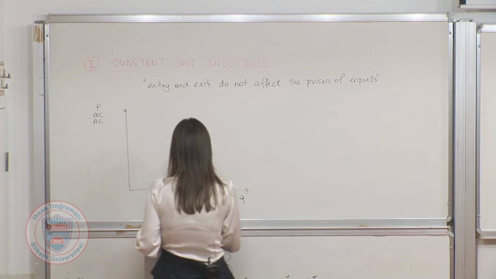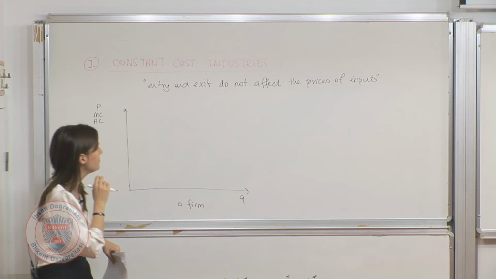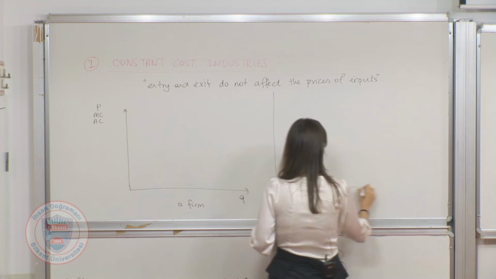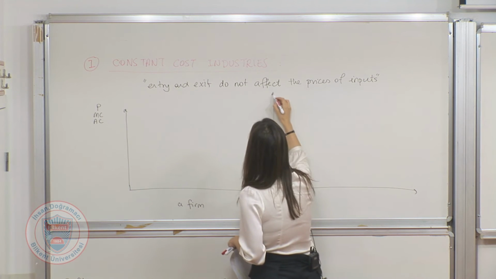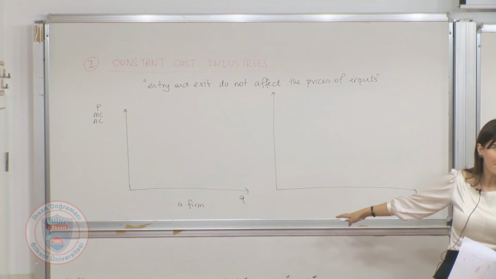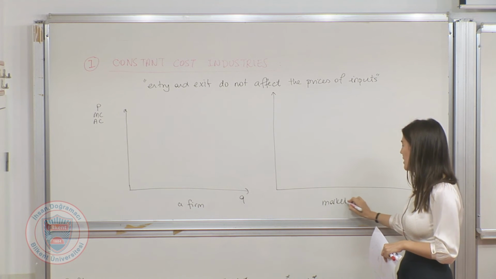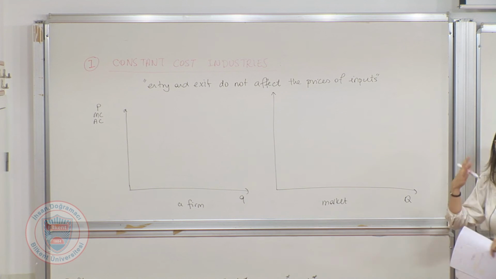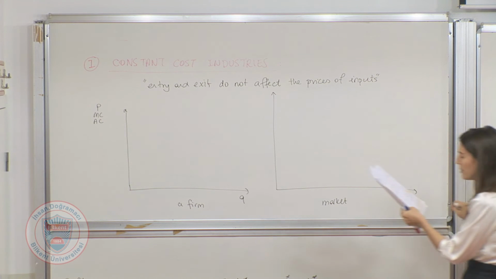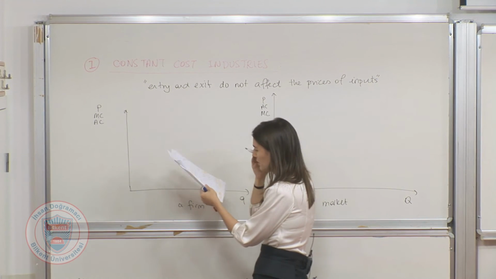Here I'm going to put Q, so I'm going to write firm here. And then here I'm going to draw, as you can guess, the market. So total is market. I'm going to put capital Q here to show that it's the total quantity, okay? And then again, we're going to have price, average cost, marginal cost.